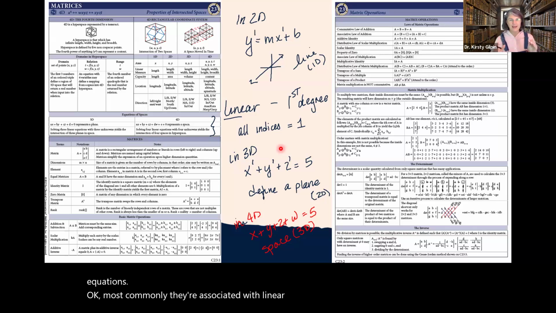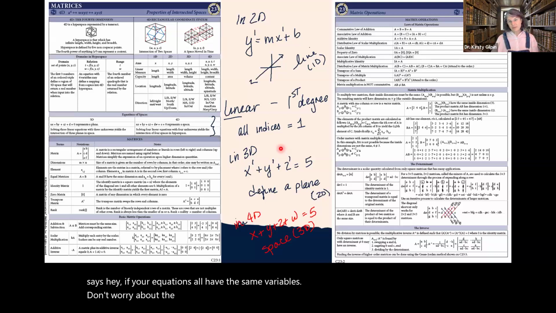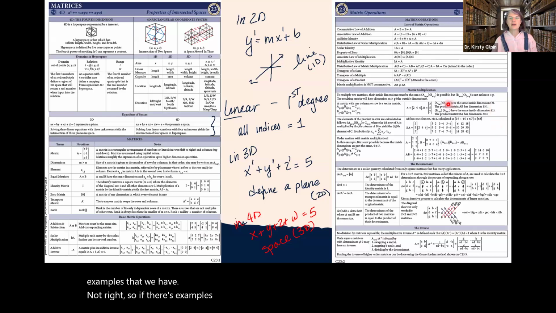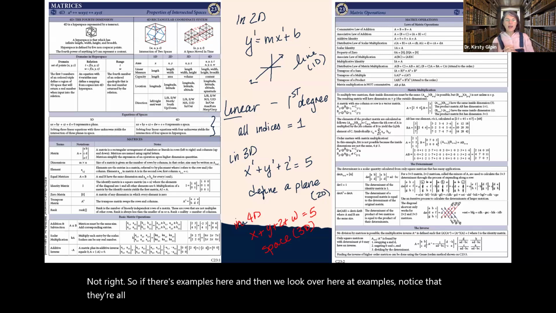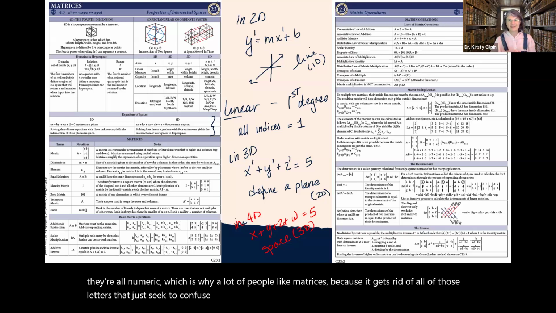And the cool thing is that a matrix says, hey, if your equations all have the same variables, don't worry about the variables, just look at the numbers. So when you look at all of the examples that we have here and over here, notice that they're all numeric, which is why a lot of people like matrices, because it gets rid of all of those letters that just seek to confuse us.